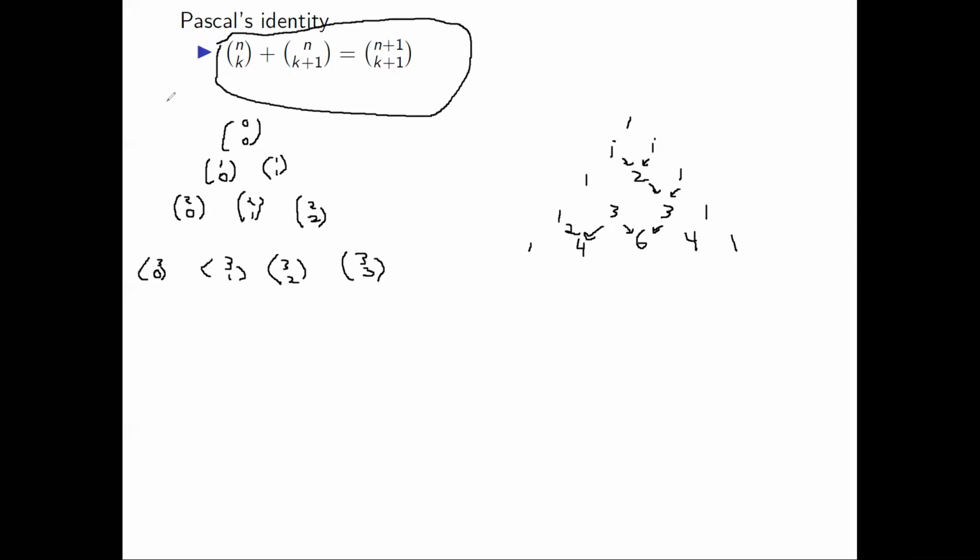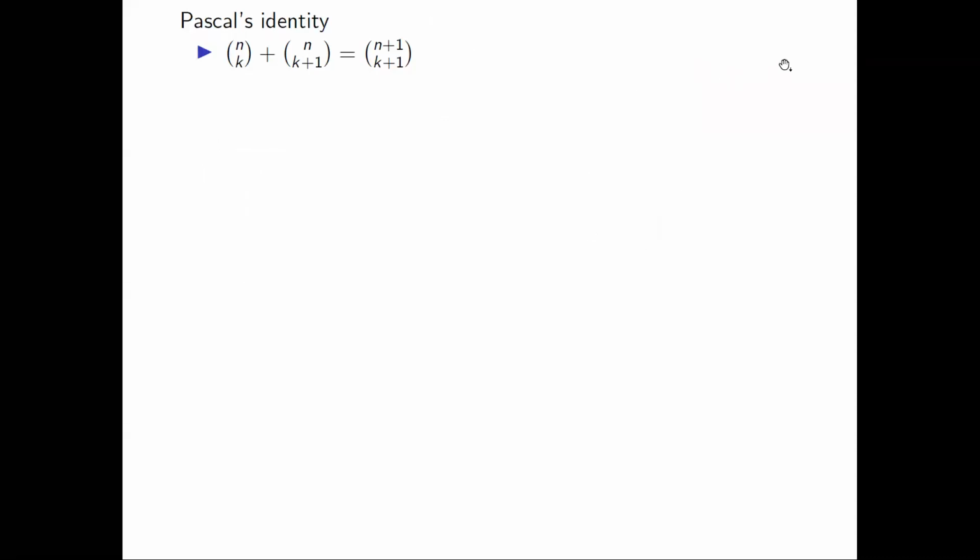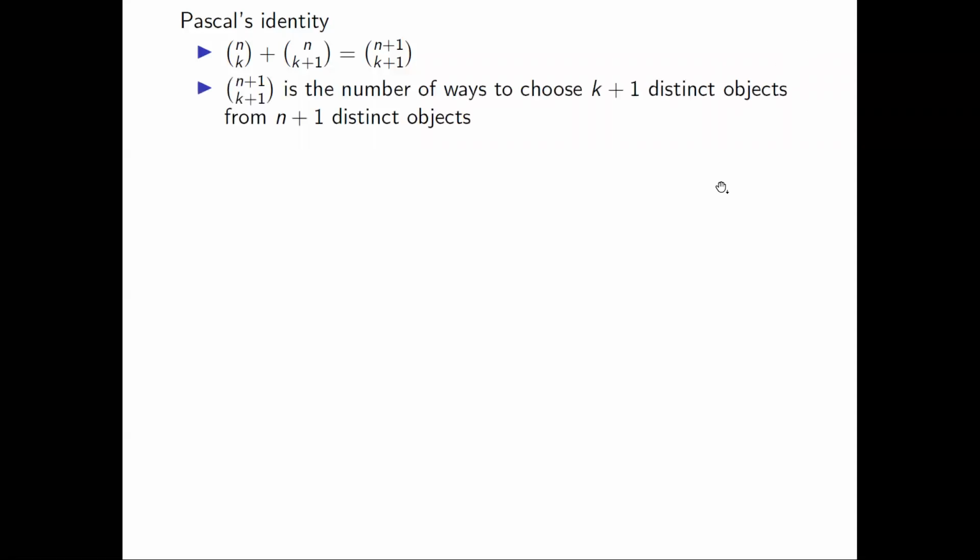So let's prove that identity. And like most of the identities in this video, there's a bunch of ways to prove this. So let's start with the n plus 1 choose k plus 1.